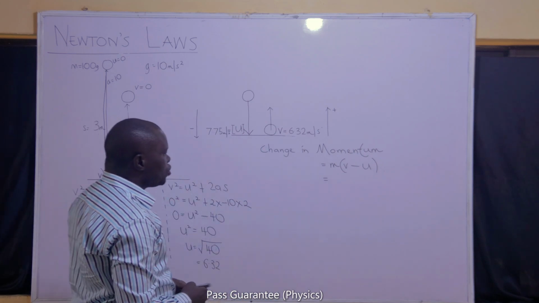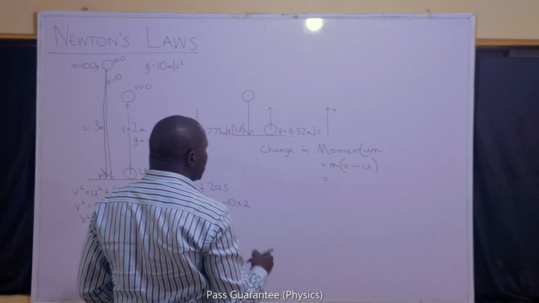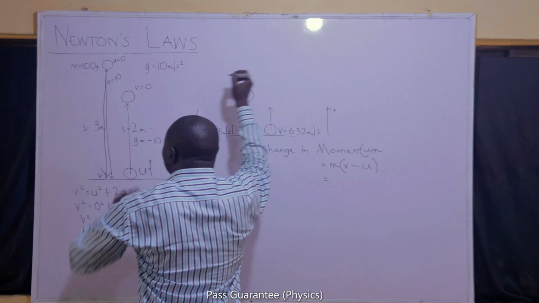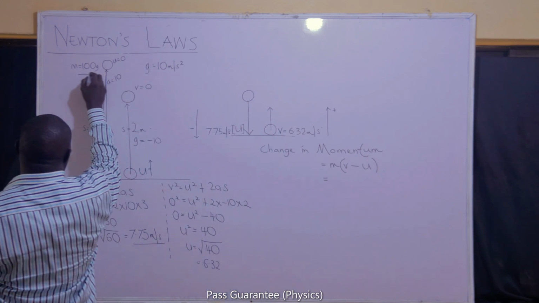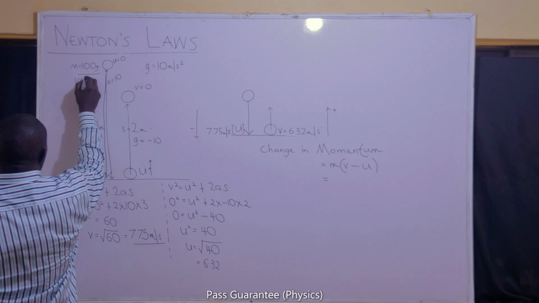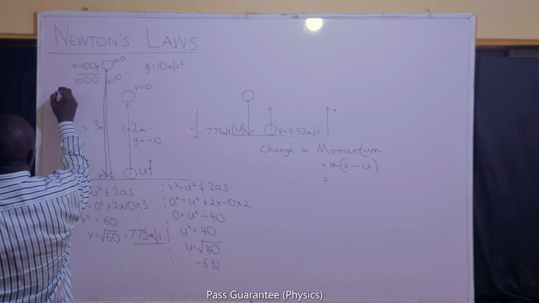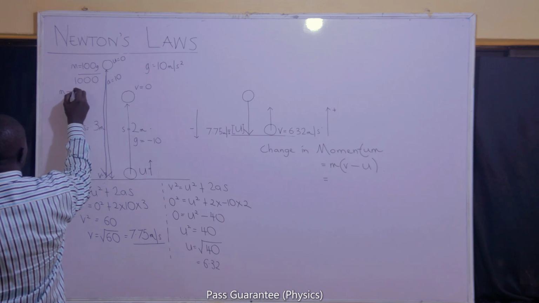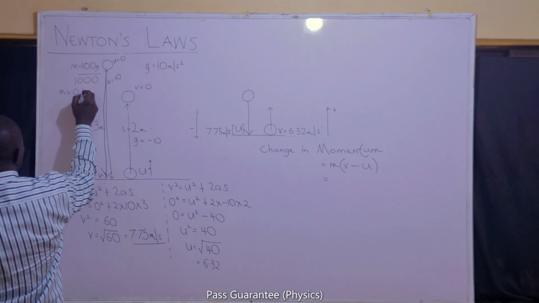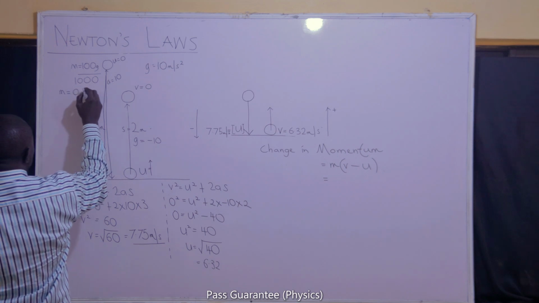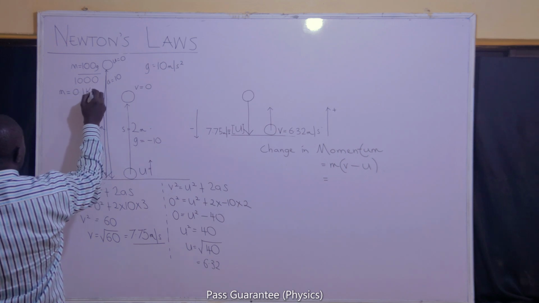One other thing I have to do before completing the change in momentum is the mass. I've been given the mass of the object to be 100 grams. That means I must change it to kilogram by dividing by 1,000. That mass must be 0.1 kilogram.